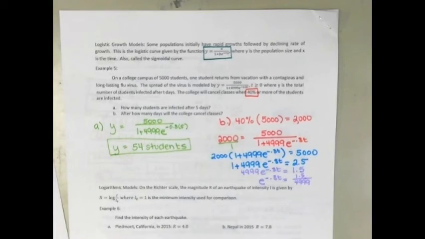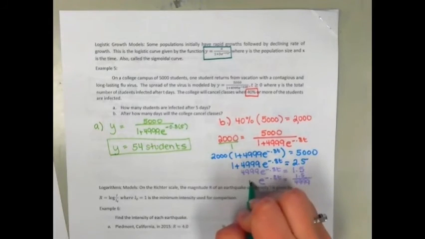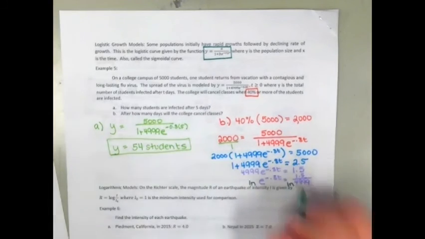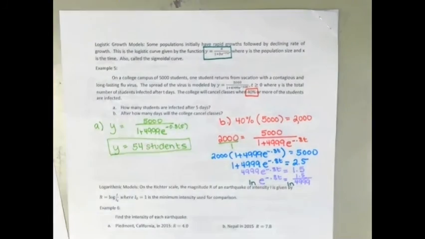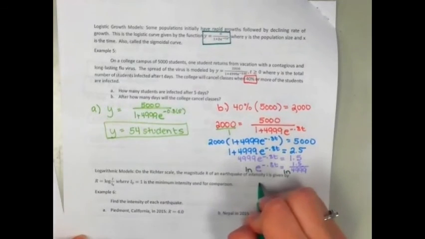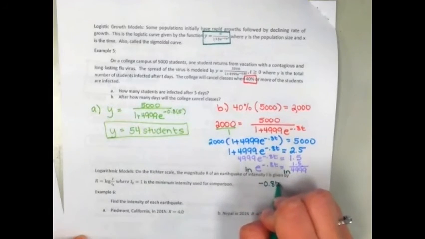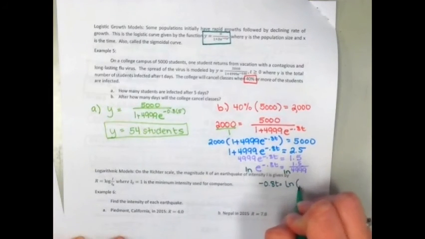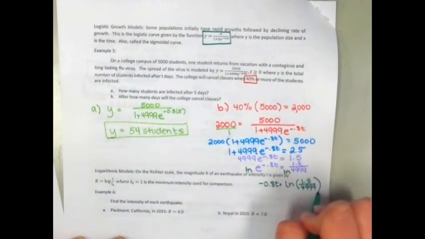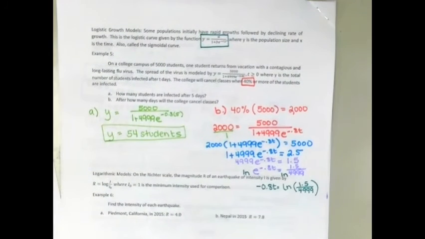Okay. Now, how do we get rid of the e's? ln, so we're going to take the ln of both sides, right? And if I take the ln of both sides, I get negative 0.8t equals the ln of this 1.5 over 4,999, which is a decimal. That's crazy. And then how would I get rid of the negative 0.8?